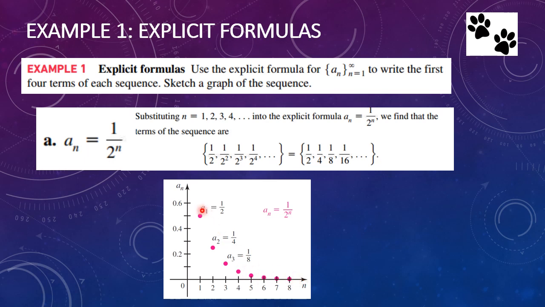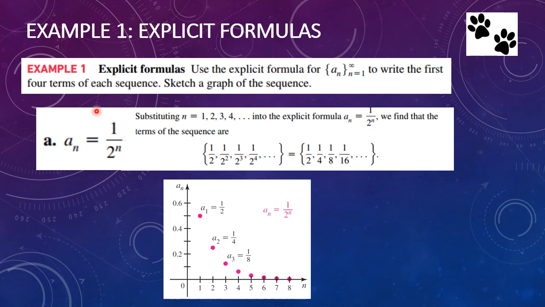What's happening is that this is converging to the x-axis, or to the value of a sub n equals 0. These values are getting smaller and smaller, so as n goes to infinity, the value of a sub n goes to 0.